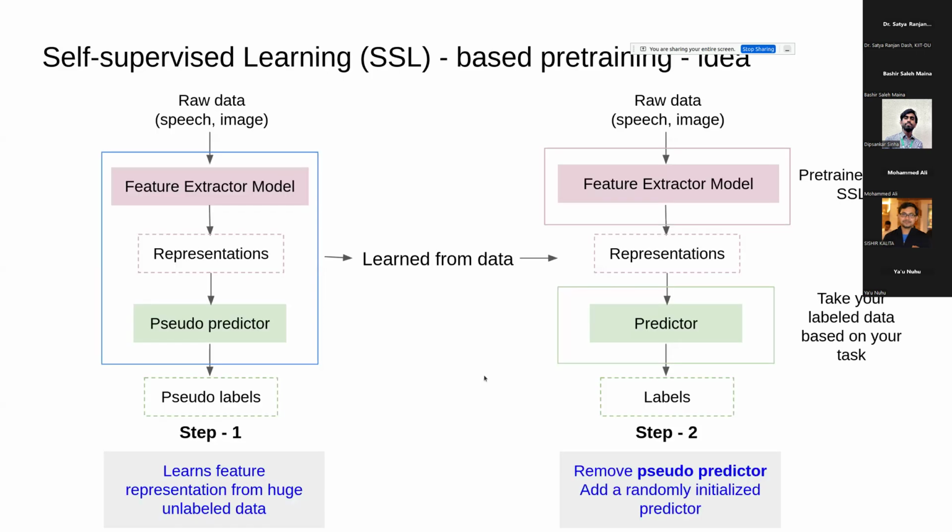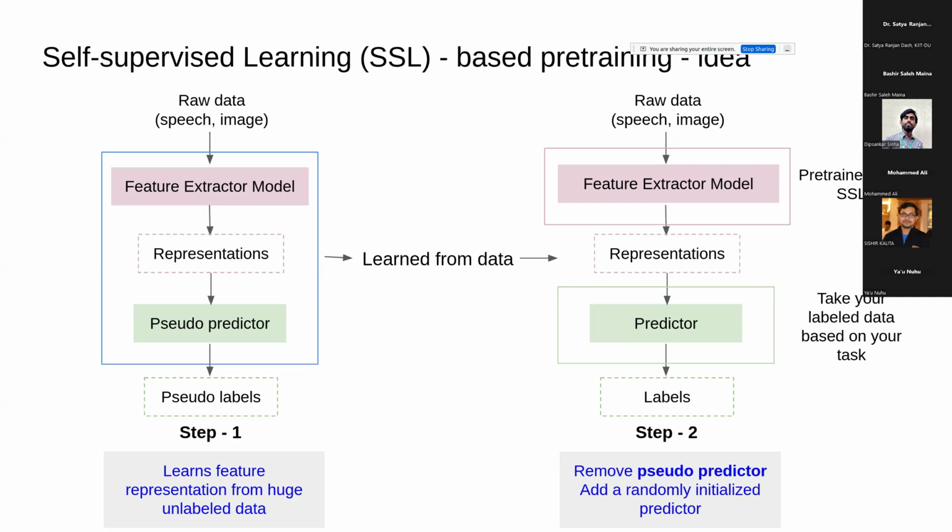Now, what is self-supervised learning based representation? Here we have two steps. In self-supervised learning, as we mentioned, we don't have proper labels, meaning we don't have any labels.